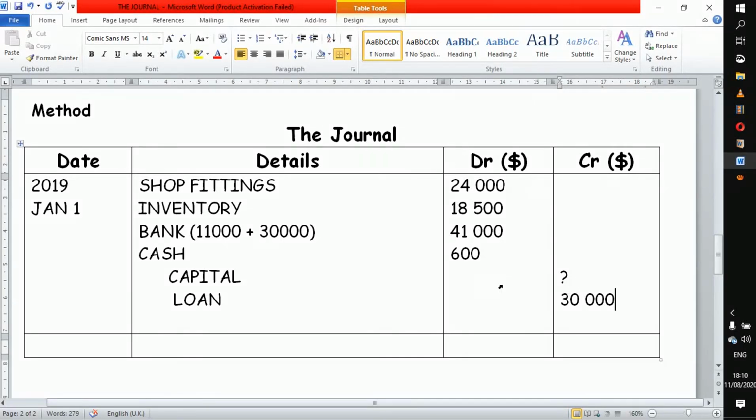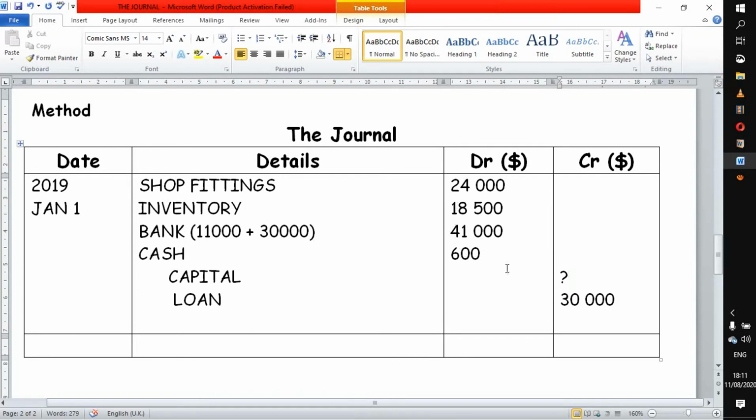Now, if we add all our assets on this side, they should give us 84,100. If 84,100 is the value of all these assets, and these assets are coming as a result of the loan plus the capital from the owner, how much is the capital?